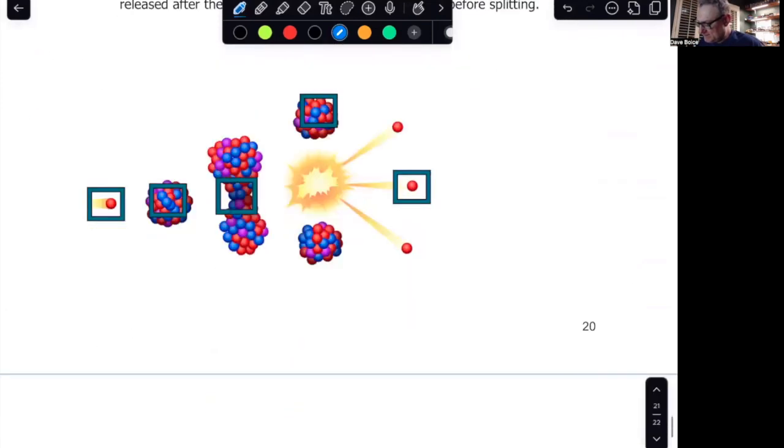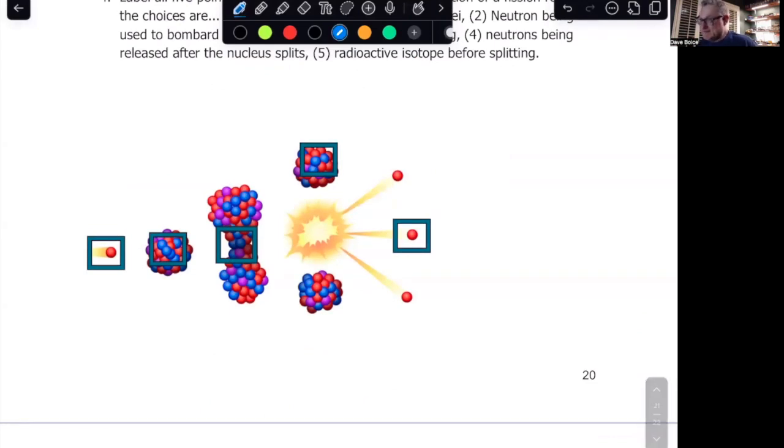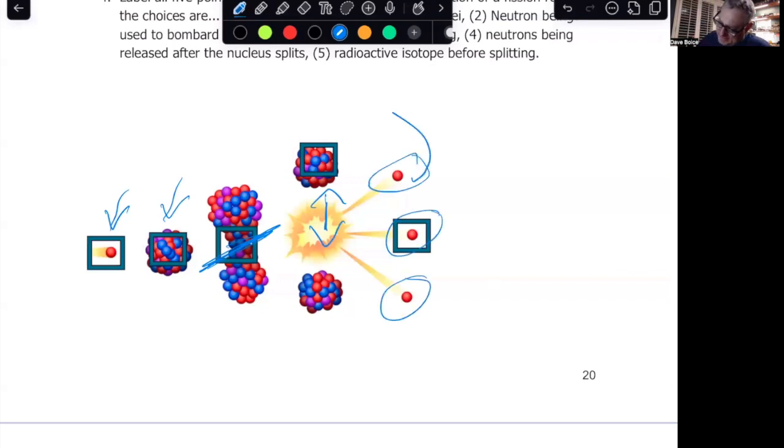Okay, and this picture on the bottom, this is an example of that. So I have a nucleus and it strikes a large radioactive unstable element, makes it more unstable, and then it splits right here into two. And when that happens, it releases a whole bunch of energy and some extra neutrons. And those neutrons are going to go on to basically do the same thing to another isotope. And so there's your chain reaction.